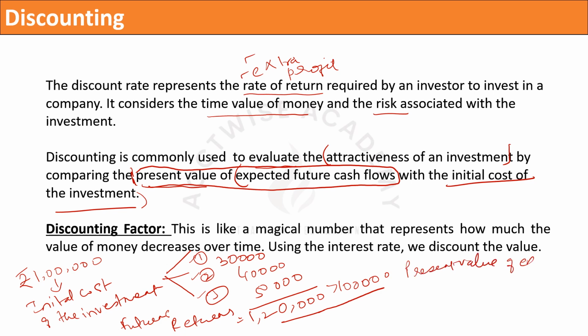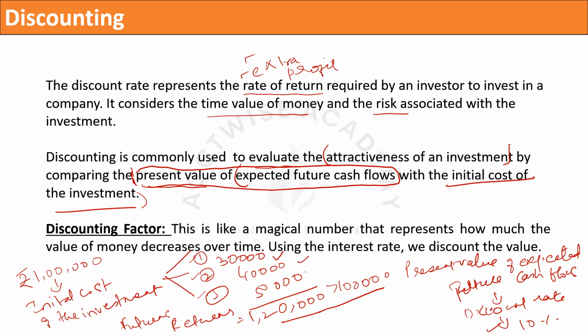Of expected future cash flows. For that we need a discount rate. For our example, we'll take it as 10%. Now we will convert 30,000, which is a future value, to the present value by applying the discount rate of 10%.